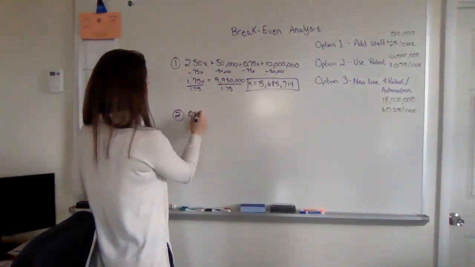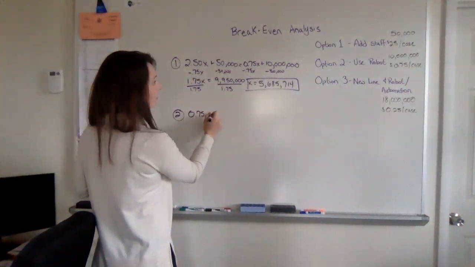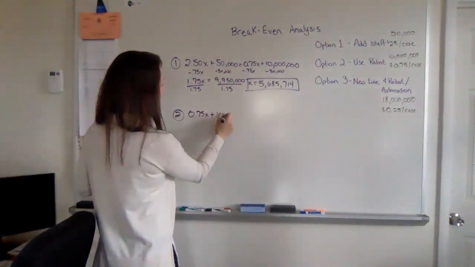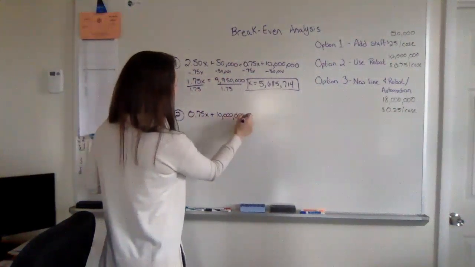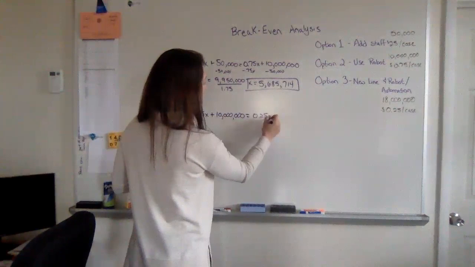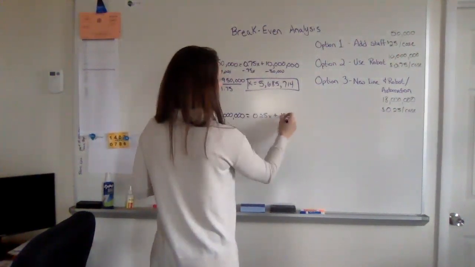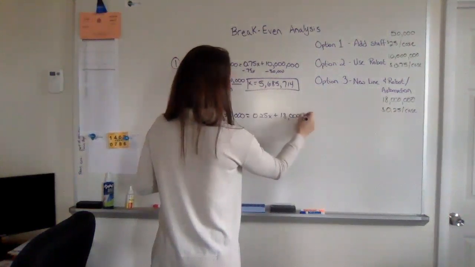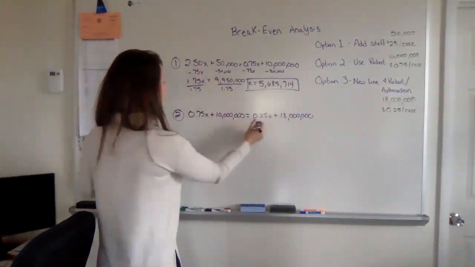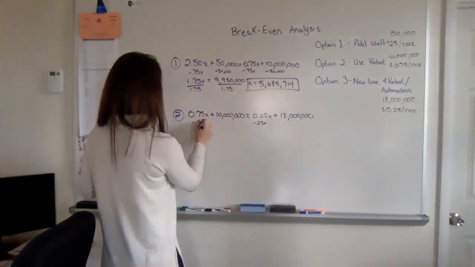So here we have option 2, a variable cost of 75 cents per case and a fixed cost of $10 million, equal to option 3, a variable cost of 25 cents and a fixed cost of 18 million. Here we're going to minus the 0.25x.